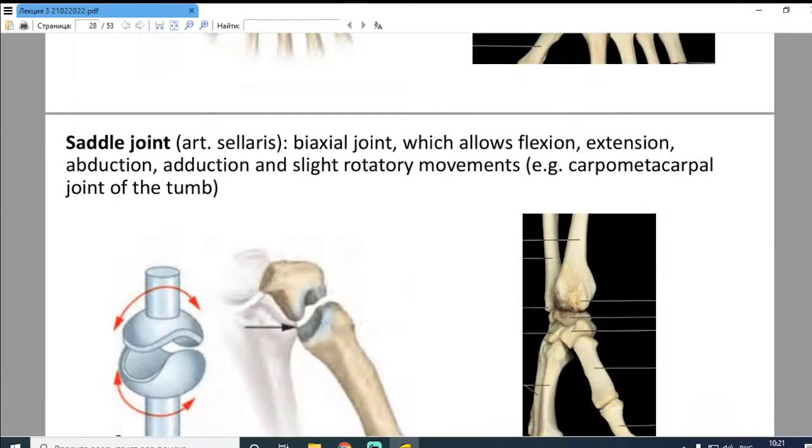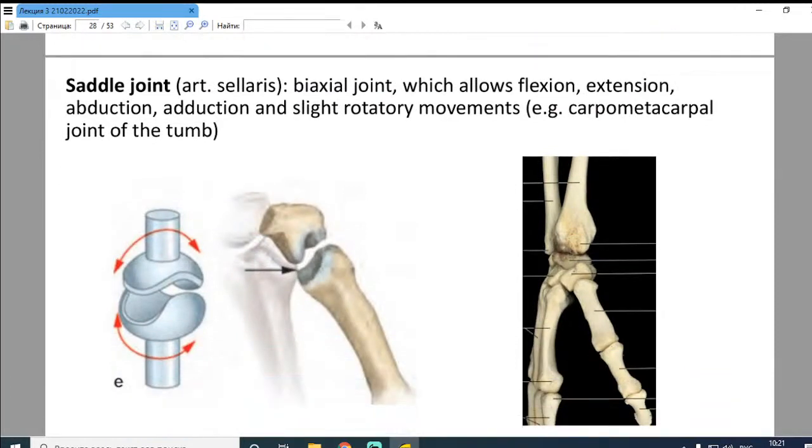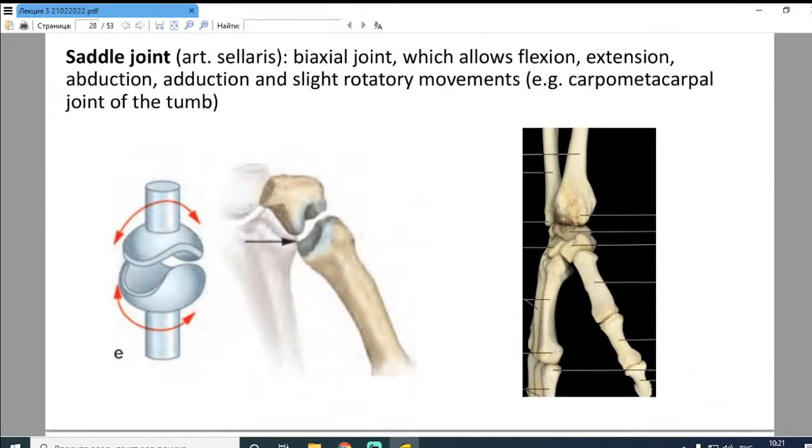Next, saddle joint, biaxial joint, which allows flexion, extension, abduction, adduction, and slightly rotatory movement. For example, carpometacarpal joint of the thumb.